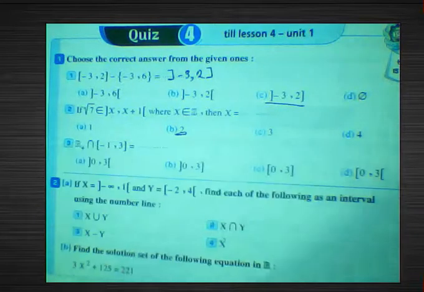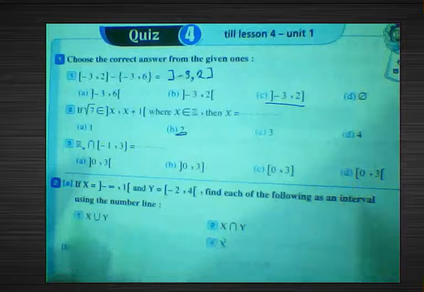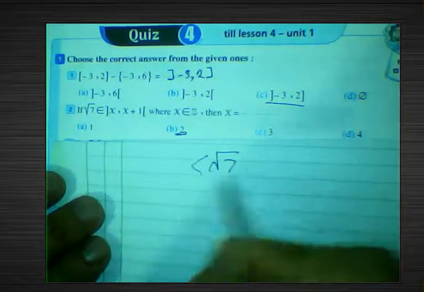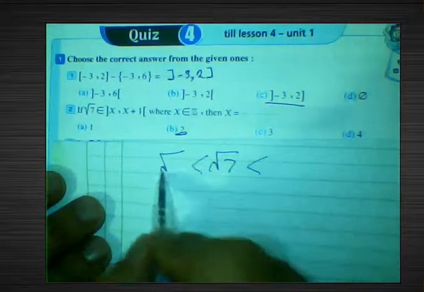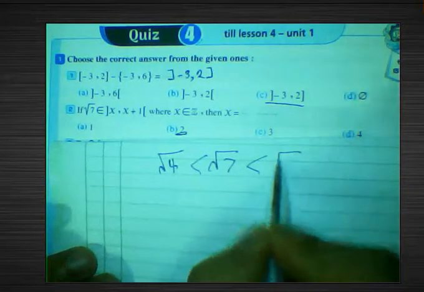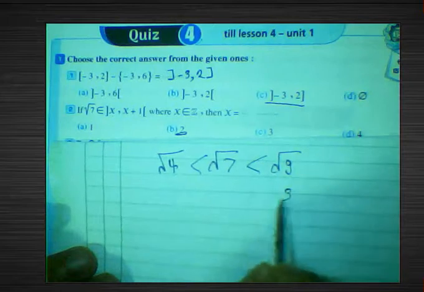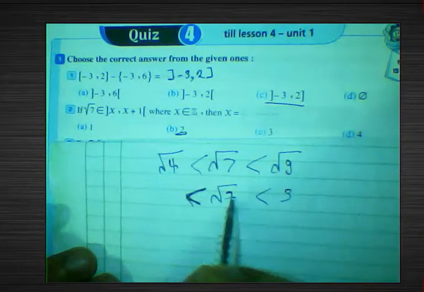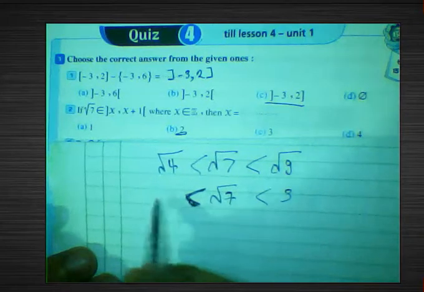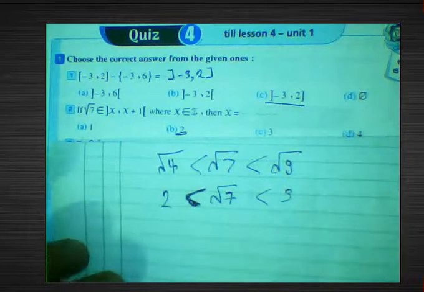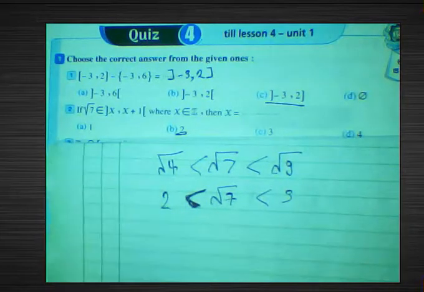Okay, when you want to solve it, you must know the square root lies between 2 numbers, such that root of 7 is more than root of 4, and root of 9 equals 3. So square root of 7 is more than 2 and less than 3, lies between 2 and 3, so x will be 2.